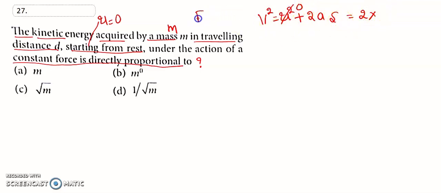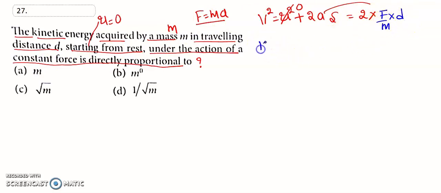So F is equal to m into a, because it is under the action of a constant force. Acceleration becomes F divided by m, into distance d.